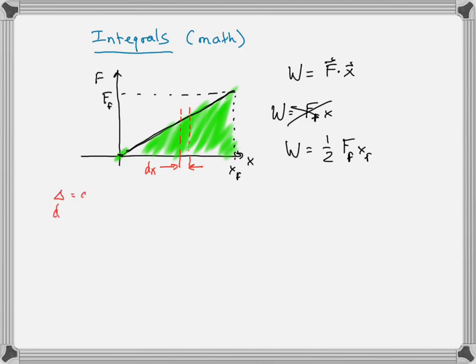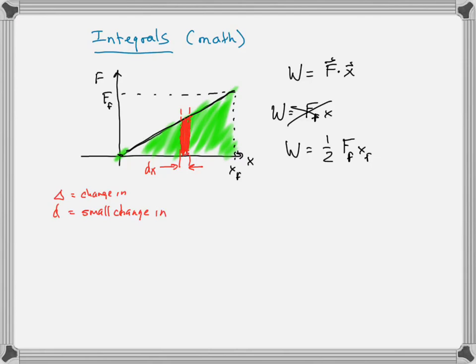Delta means change in, and d means small change in. That's a mathematical thing. So that's just a little dx. And let's take the area of that sliver, which I'll color in red.